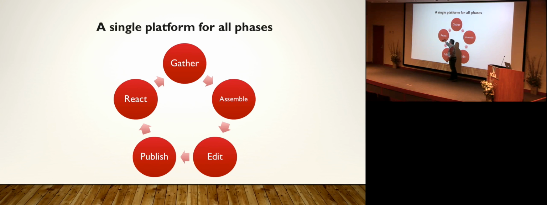Our reaction phase, unless someone says something uncouth on TV, now happens online. But what we've done is, this used to be at one point a 24-hour news cycle, then turned into an 8-hour news cycle, then a 4-hour news cycle. Now we're in a 1.5-minute news cycle. Mobile allows us to compact this down to that 1.5-minute news cycle to change things.